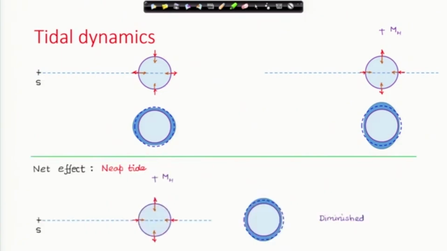Therefore, this net effect is diminished because the moon is more dominating. Therefore, the tidal bulge is more towards the moon direction. When the sun and moon effects are taken together, we have this neap tide when the sun and moon are 90-degree with respect to the earth.